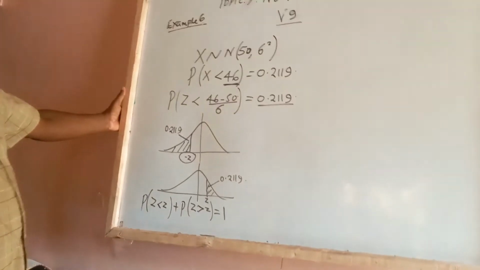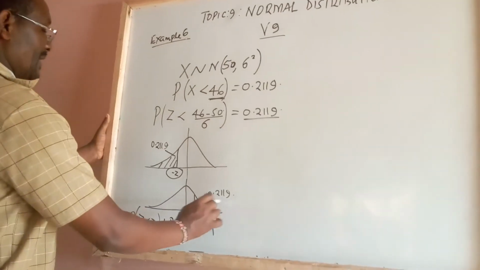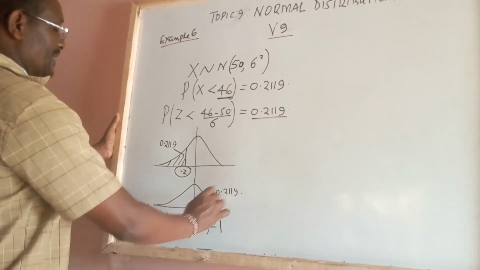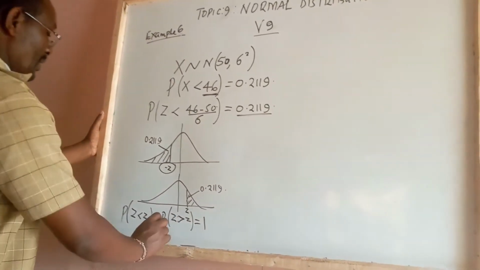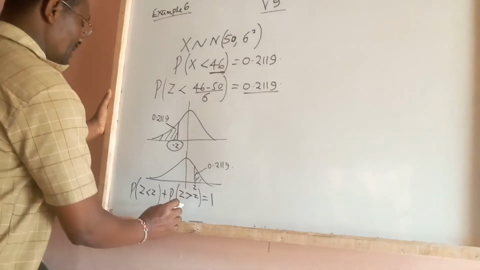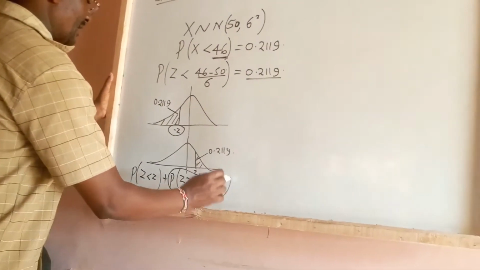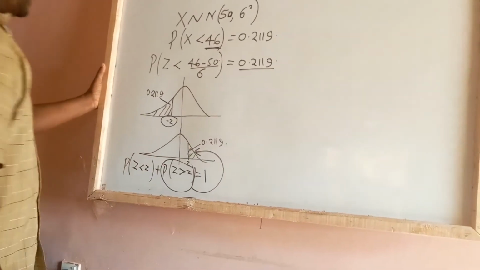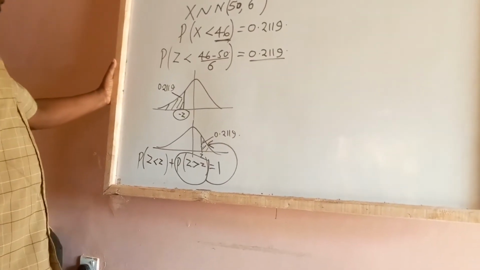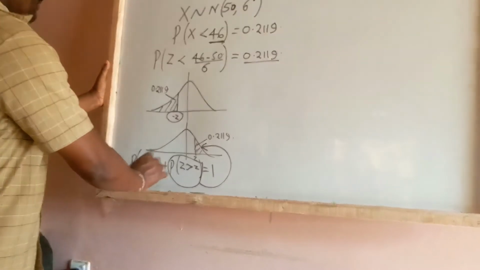And therefore, this is the probability of z greater than z. You can already see it there. So this part is the one that is explained by that region, 0.2119. So we are interested in getting the boundary z.